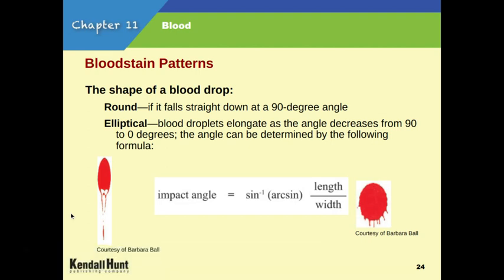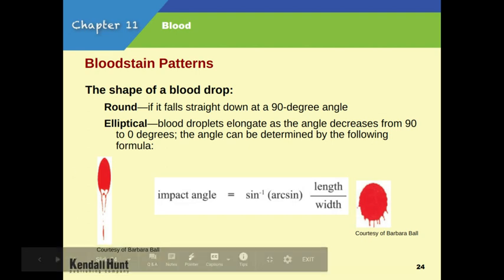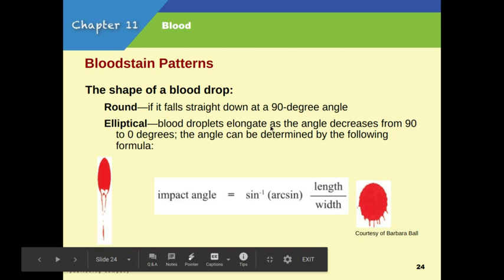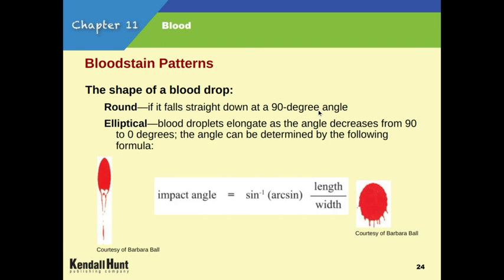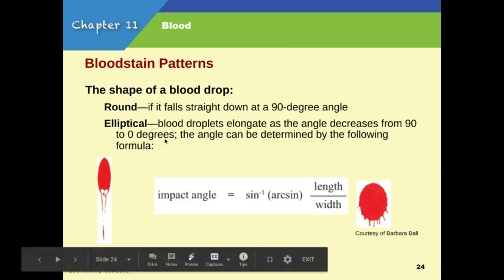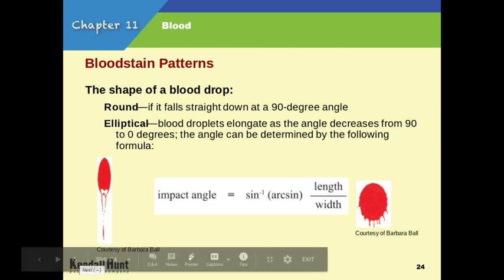Okay, the shape of the blood drop is going to help us immensely. Again, if it's a round drop, that means it fell straight down at a 90-degree angle. The less the angle, the longer the blood drop is going to become. And we can actually tell how far that blood drop came using this formula. Now, this formula is not correct.